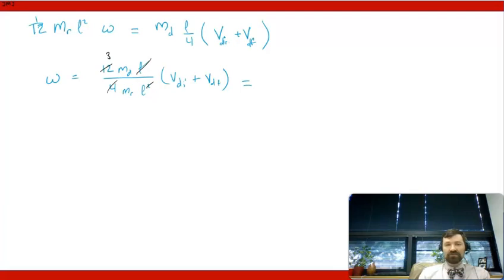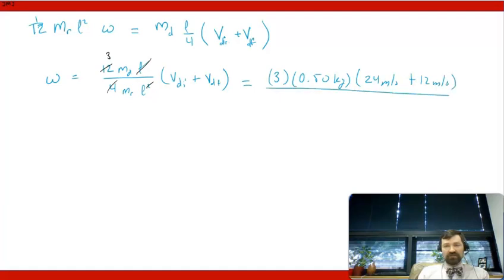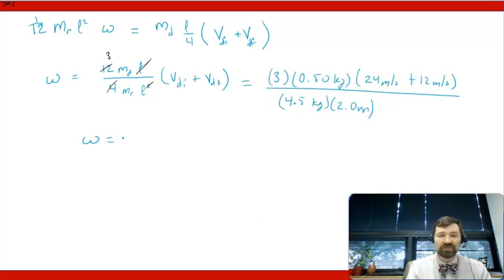So I have 3 times mass of disk, which is 0.5 kilograms, times this sum, which is 24 meters per second plus 12 meters per second, divided by mass of rod, which was 4.5 kilograms, times length of rod, which is 2 meters. Plugging all my numbers in, I end up getting that omega is 6.0 radians per second.